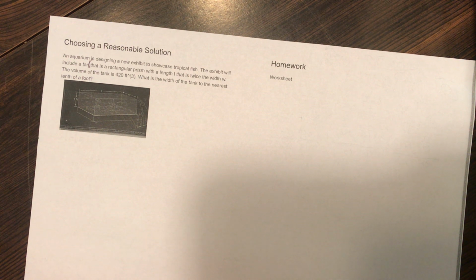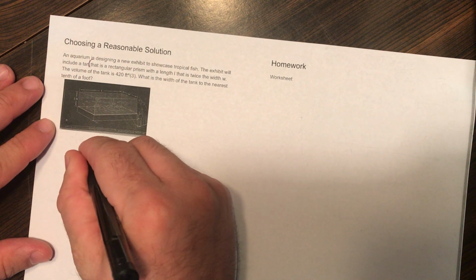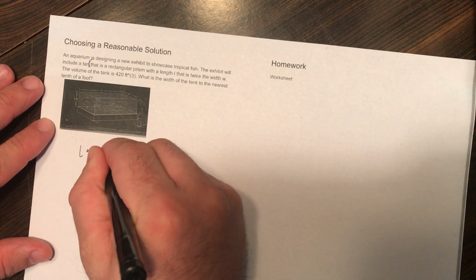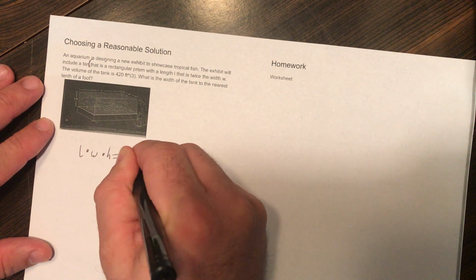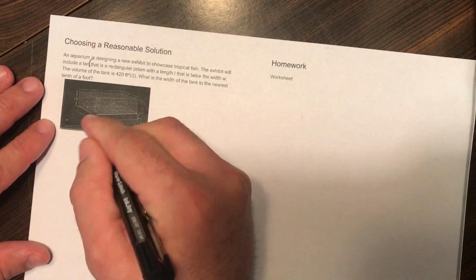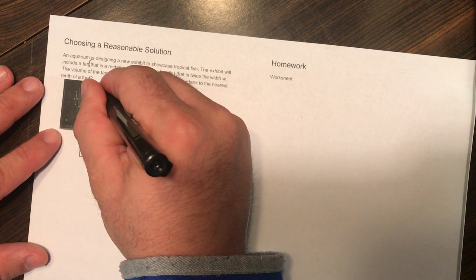Well, to find the volume of a rectangular prism, we have length times width times height equals 420 feet.